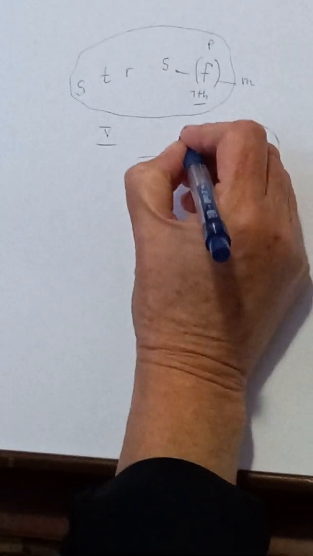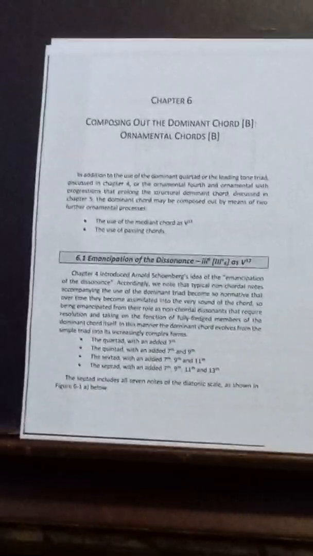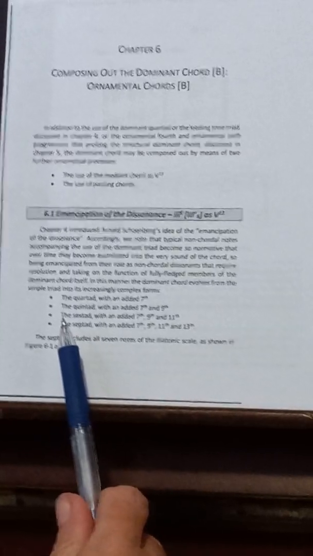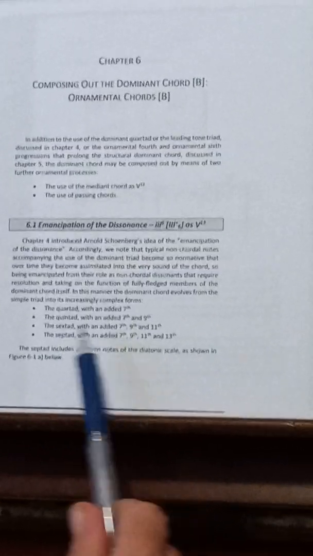It becomes an essential part of the chord called the dominant seventh or the dominant quartet. So we are continuing with that concept and saying it's not only the added seventh that works like that. As you can see at the bottom of this page, you can create a complex quartet with an added seventh. You can also create a quintet.